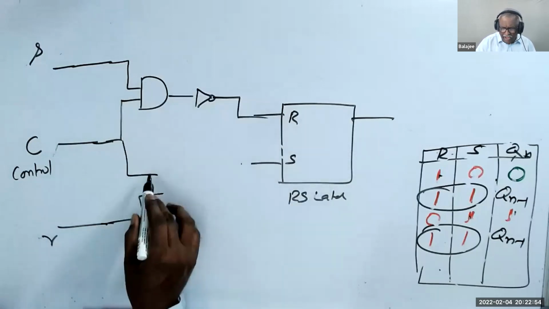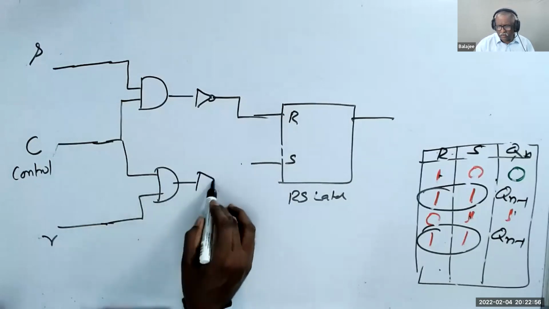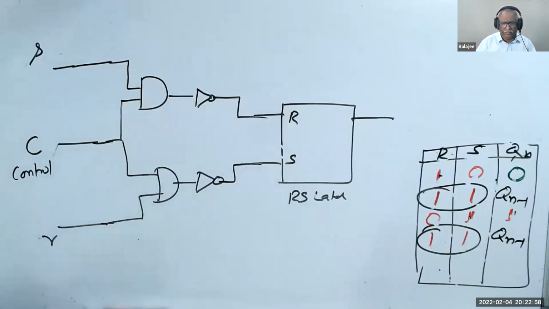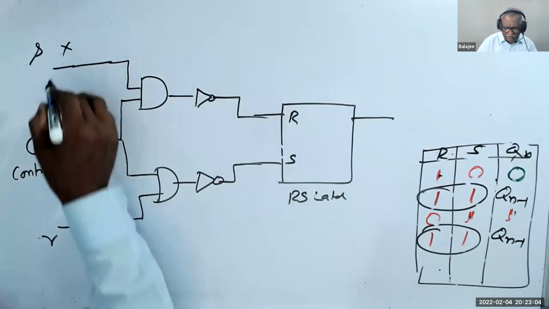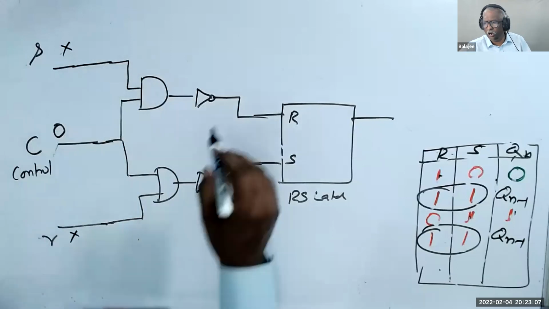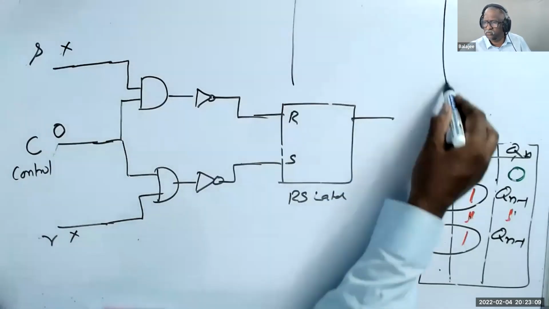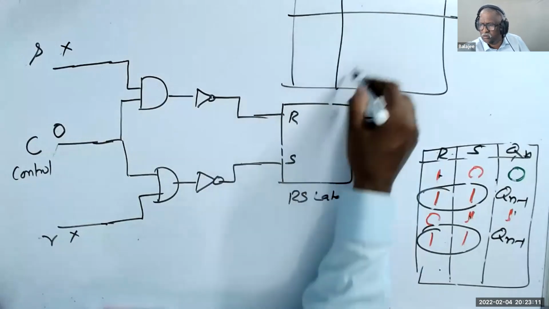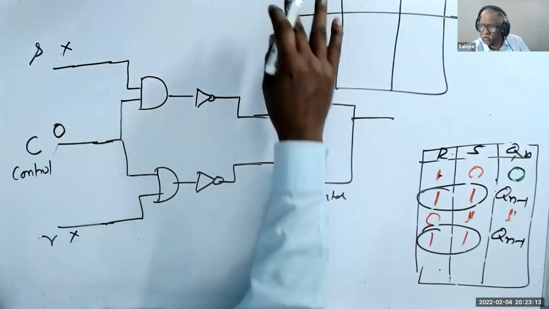See here, same AND and NOT, nothing more than that. You don't get confused. Now you see here, when C is 0, what happens?